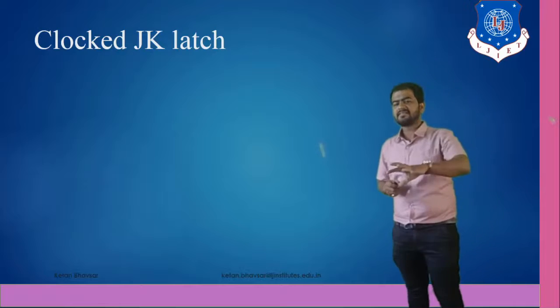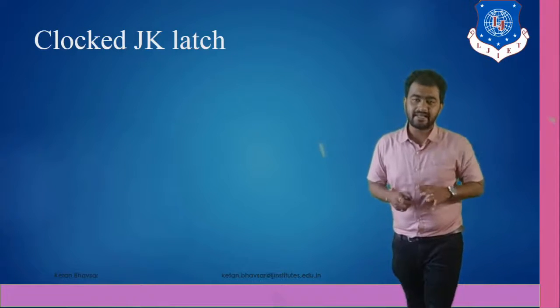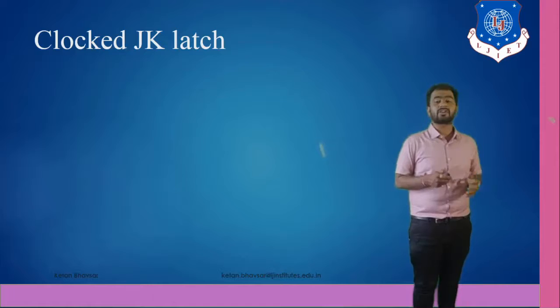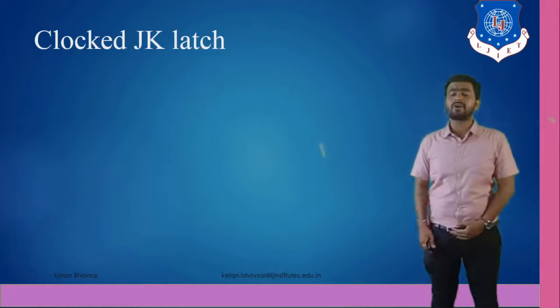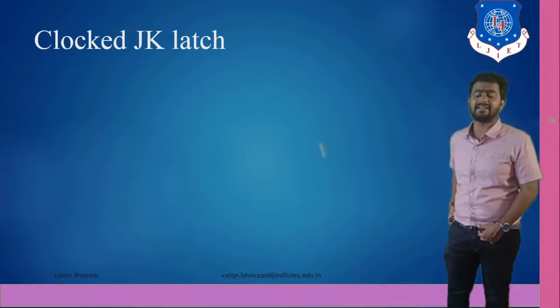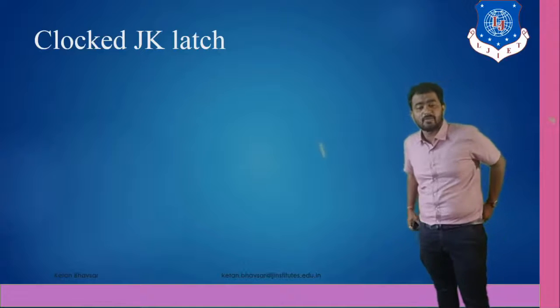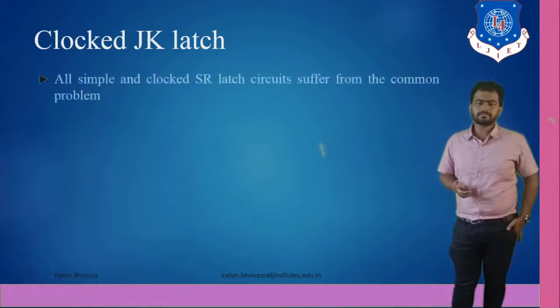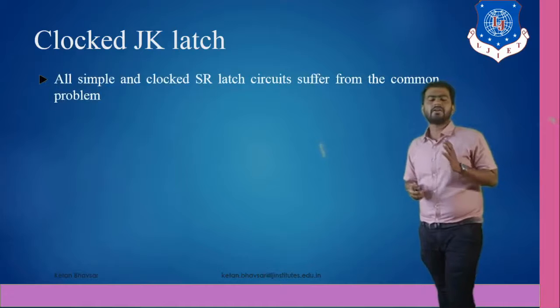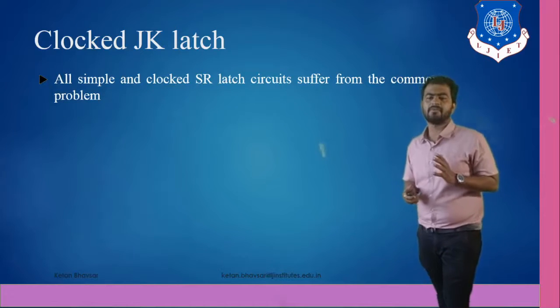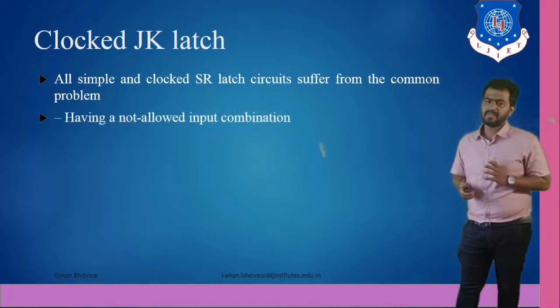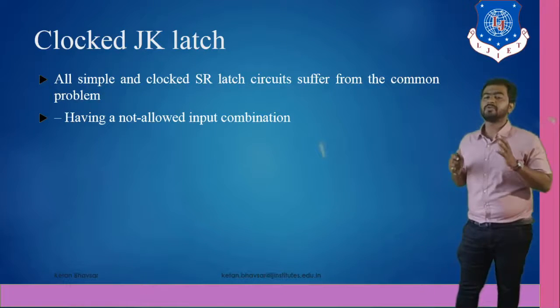Now we move on to the next, and we're talking about a clocked JK latch. Means we're talking about the JK flip-flop, the JK latch, and also the master and slave based concept, that how we can use the master and slave based concept too. All the simple and clocked SR latch circuits suffer from a common problem, having not allowed input combinations.